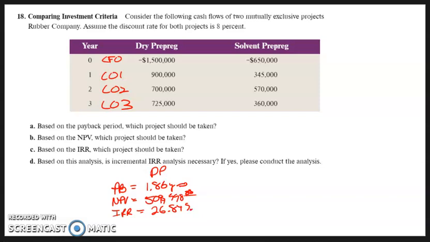So now we're going to do the same thing for SP. Again, CF0, C01, C02, C03. Go down, calculate your payback period. The payback is 1.54 years.